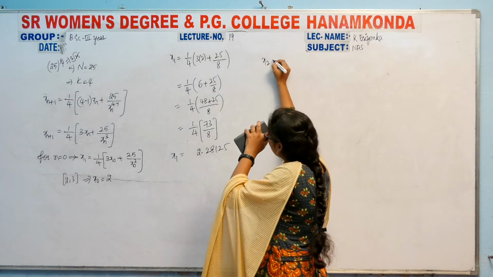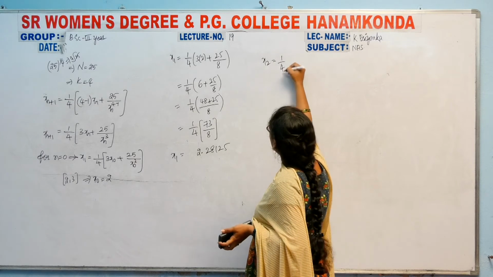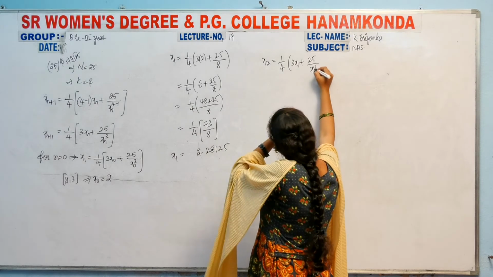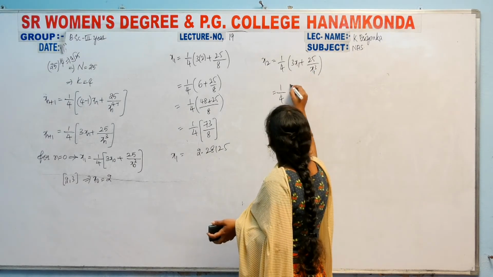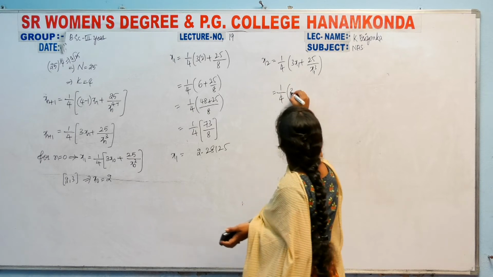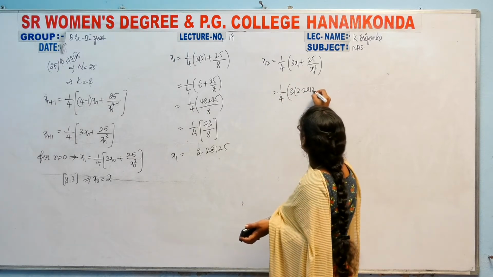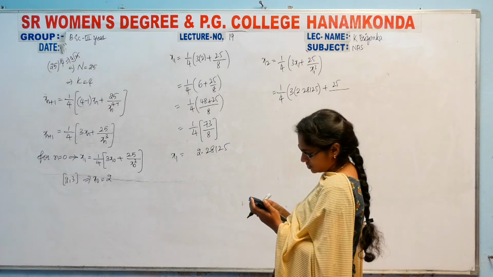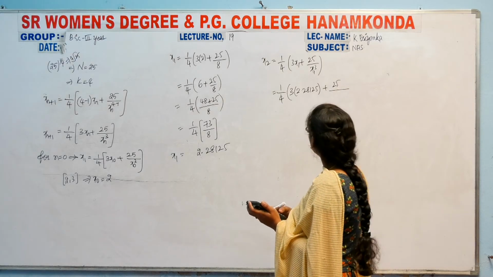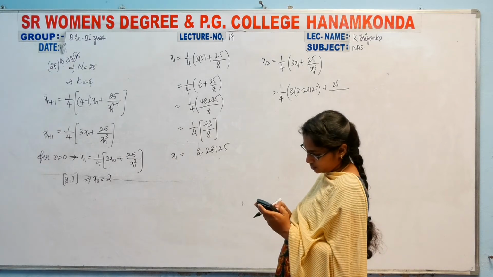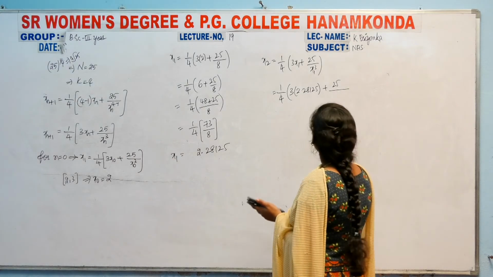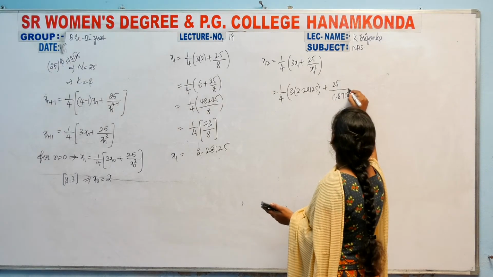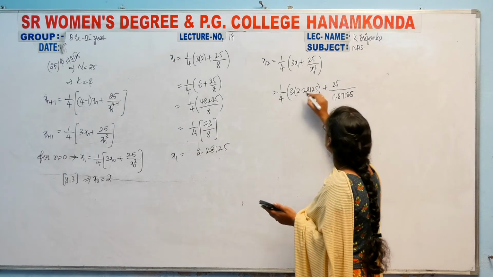Next x2. What is the formula? 1 by 4 of 3x1 plus 25 by x1 cube. 1 by 4 of 3 into x1, which is 2.28125, plus 25 by 2.28125 whole cube. What will be the value? 11.87185. 5, 6 I have, so I am taking 6.